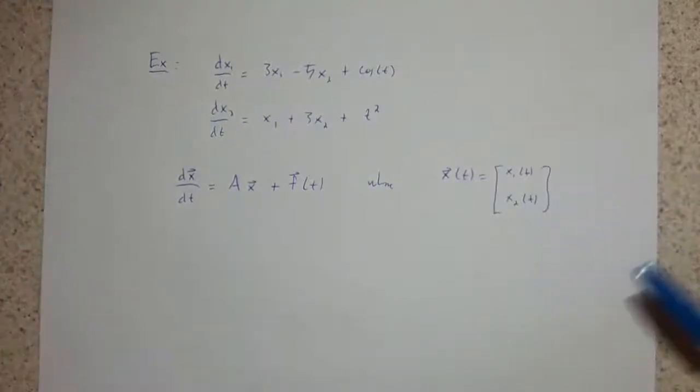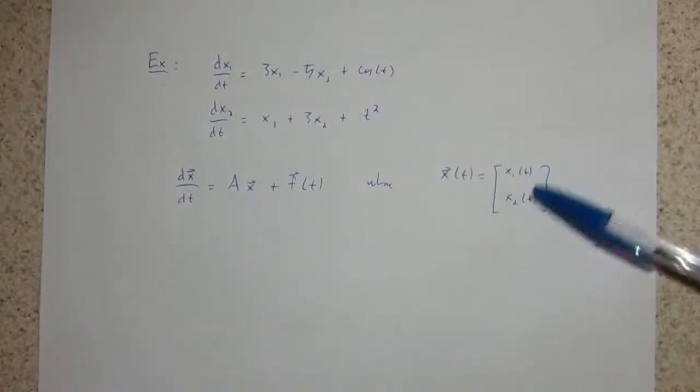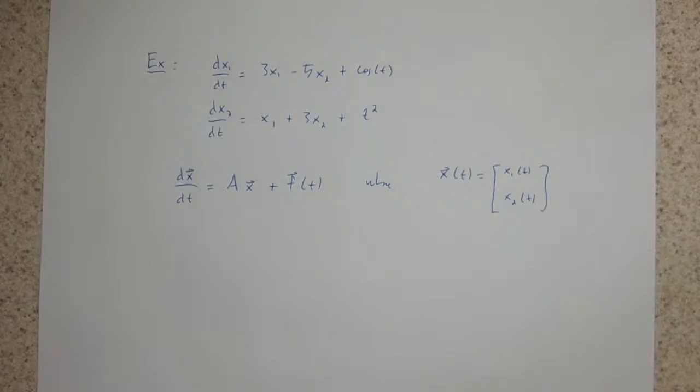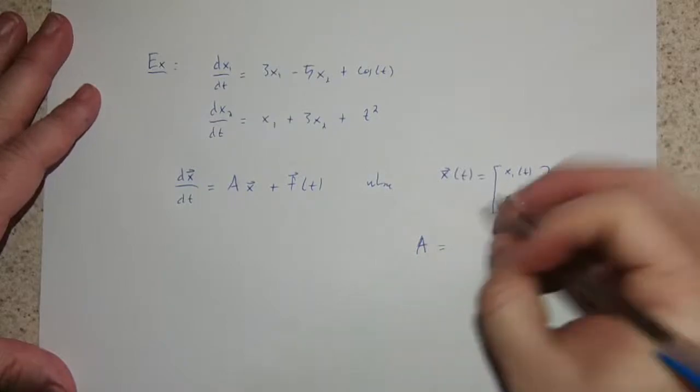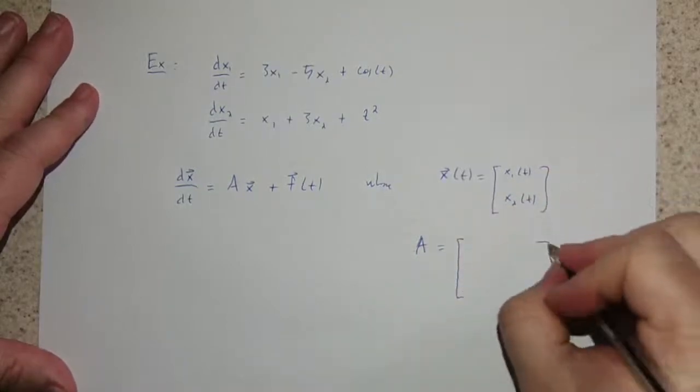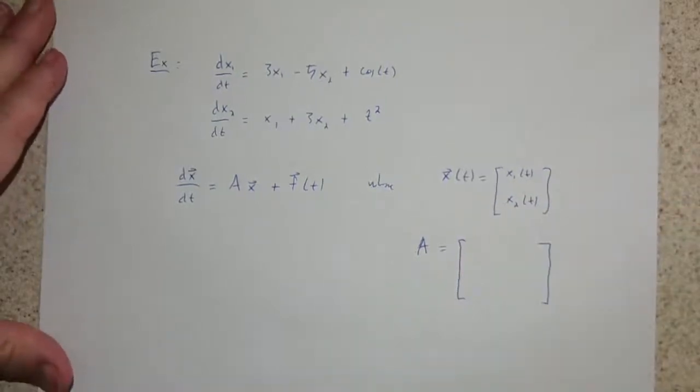This is just the vector that contains the unknown functions x1, x2. So this is a vector containing the unknown solutions. The A here is what? A is going to be a 2 by 2 matrix.